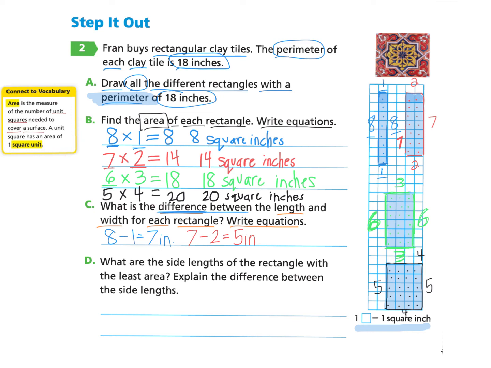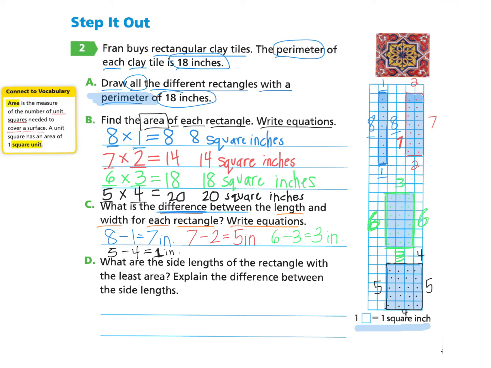Next, we have 6 as the length, subtract 3, the width, and we find that the answer is 3 inches. And finally, we have 5, which is the length, subtracted by 4, which is the width, and we have 1 inch as our answer.